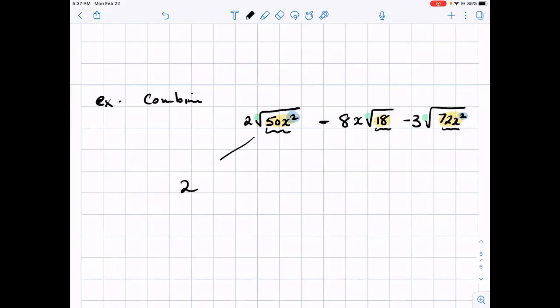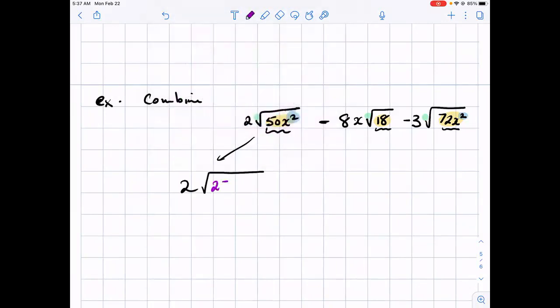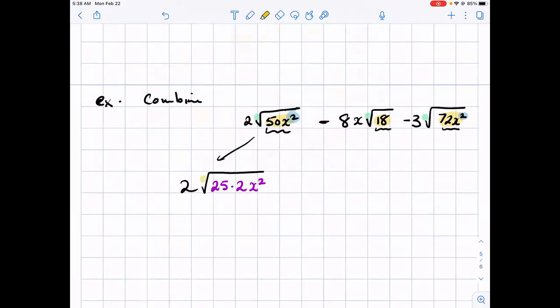The radical of 50 is the same, the two numbers are 25 times 2. And x squared will stay where it is. So we write x squared. Why? Because remember, the index here is 2.